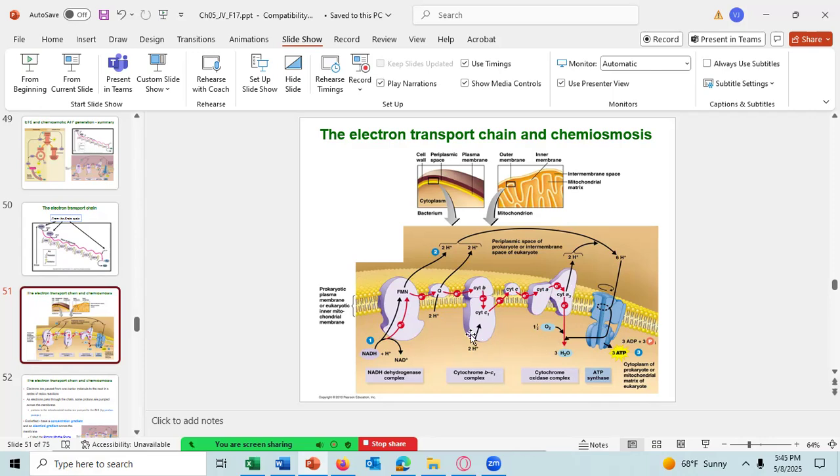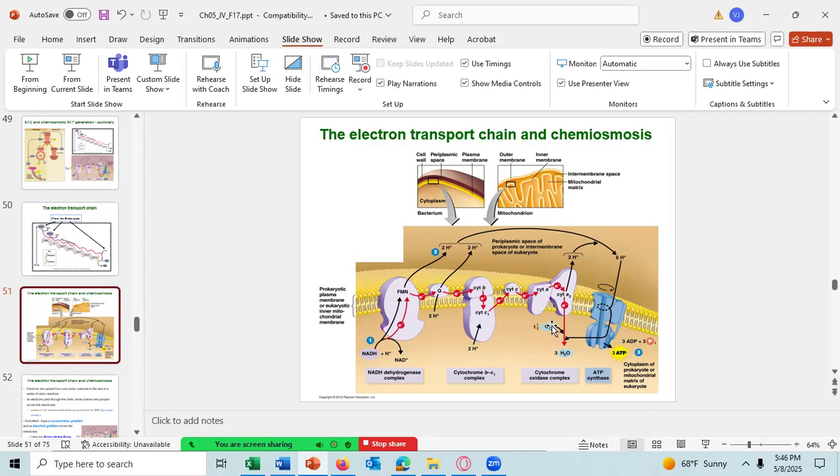oxygen. And when the electrons flow to oxygen, oxygen combines with hydrogen ions to form water, and that is where the electrons from glucose end up. They flow to oxygen, so oxygen is the final electron acceptor in aerobic respiration.